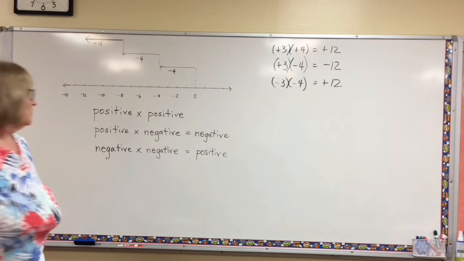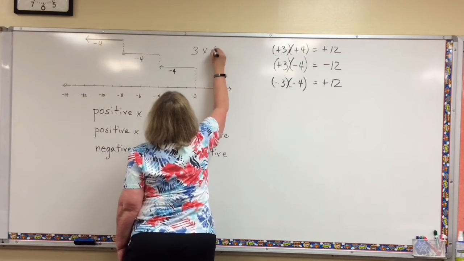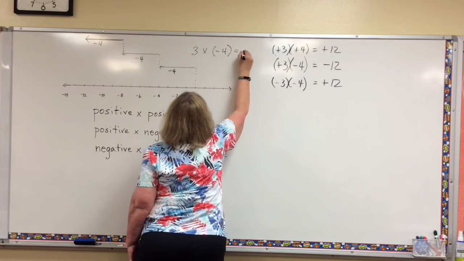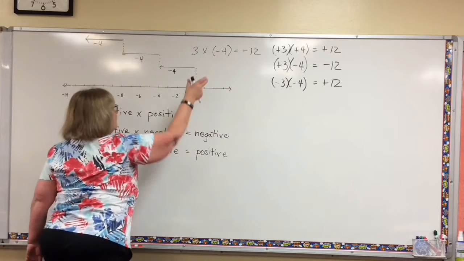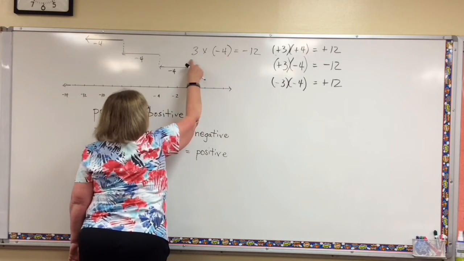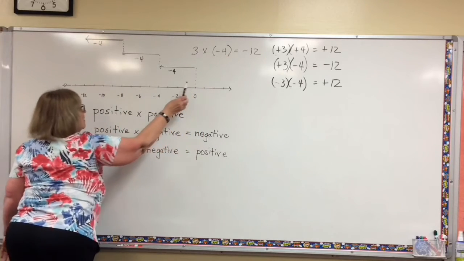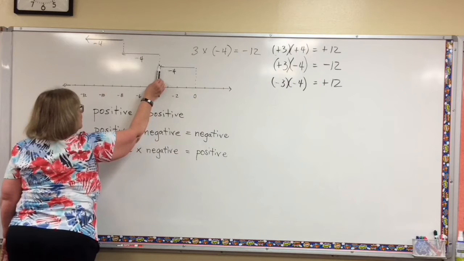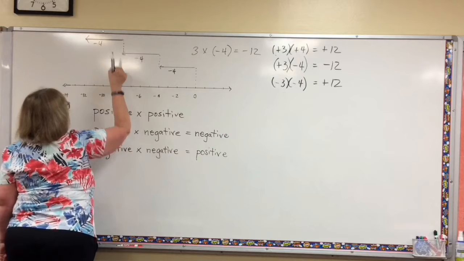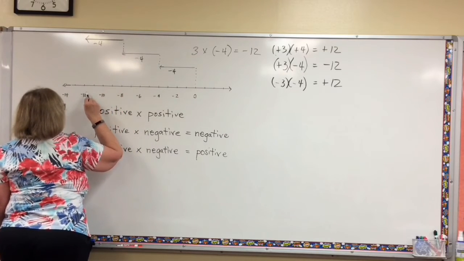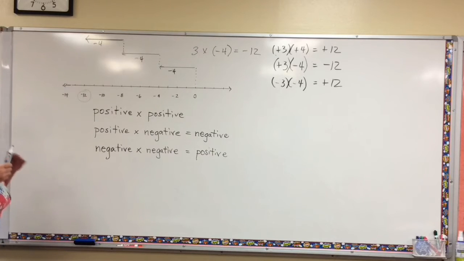The first one that we have here is 3 times negative 4 equals negative 12. So what we have is negative 4 three times. That's what this means. So if I start here at 0 and I move negative 4 once, negative 4 twice, I'm down here to negative 8, and I do it a third time, I arrive at negative 12.